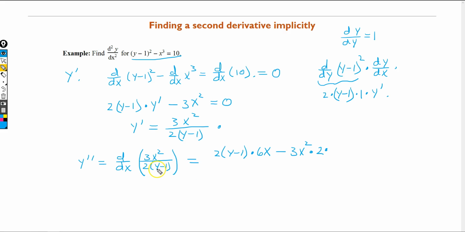now the derivative of y minus 1 with respect to x, that's going to be just dy dx, right? Just off to the side here, d dx of y minus 1 is d dx of y minus d dx of 1, and this of course is 0, and we're left with just y prime.